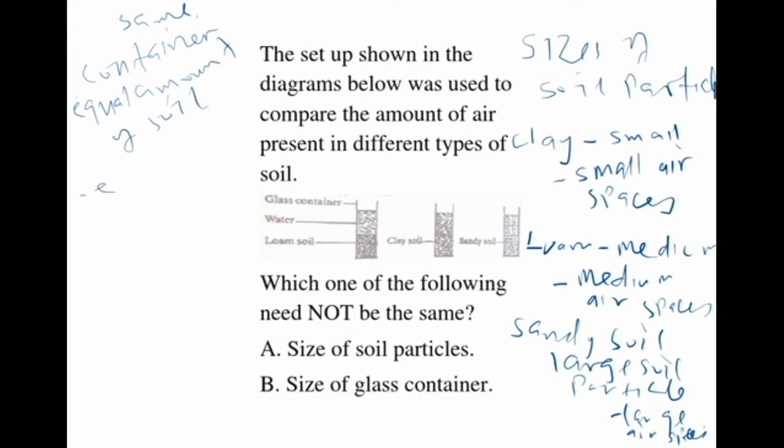You put an equal amount of water, and also the time factor, time allowed, should be the same. So the one that need not be the same is the size of the soil particles, since each soil has different sizes of soil particles.